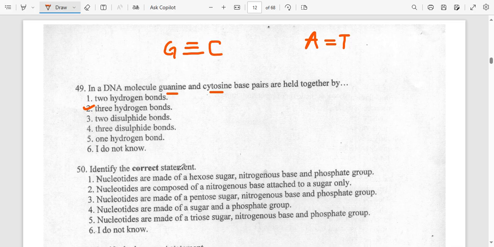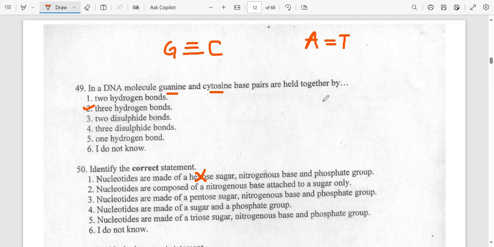Identify the correct statement. Nucleotides are made of hexose sugar. They are not made up of hexose sugar. Just this makes it wrong. It's pentose sugar. Nucleotides are composed of nitrogenous base attached to a sugar only. This is not true.